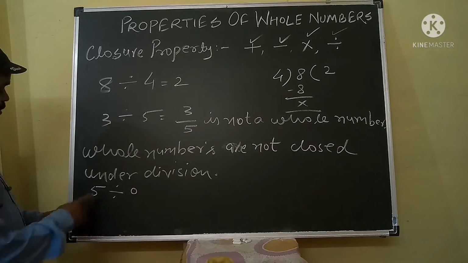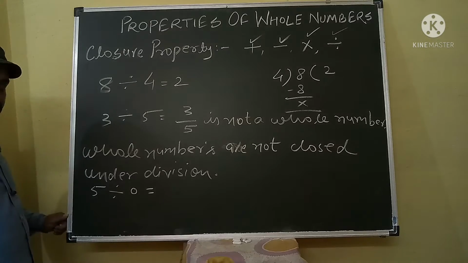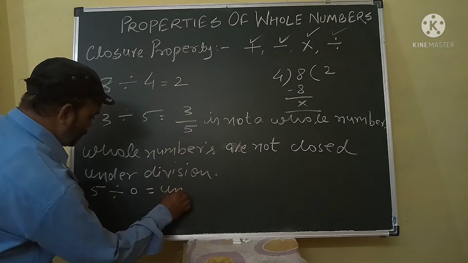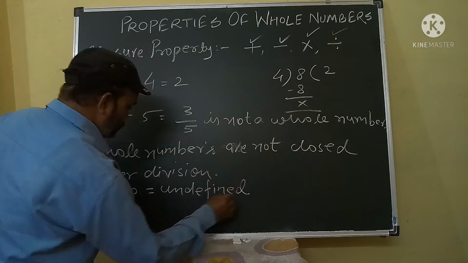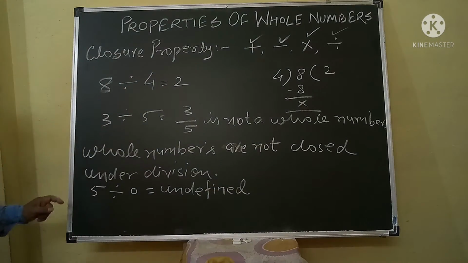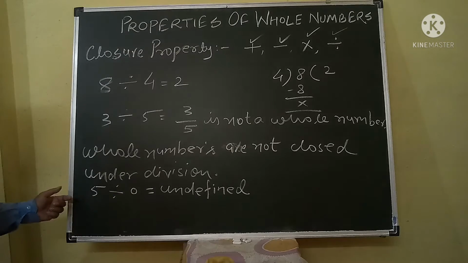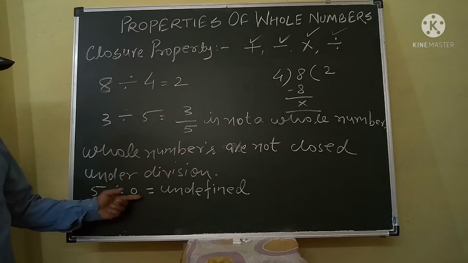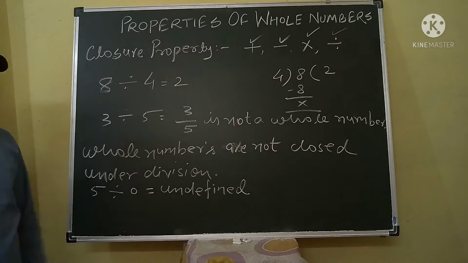What will you get? 5 divided by 0 gives an undefined value. 5 is a whole number and 0 is a whole number, but the quotient is undefined.